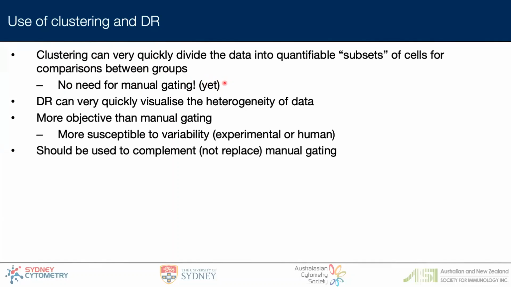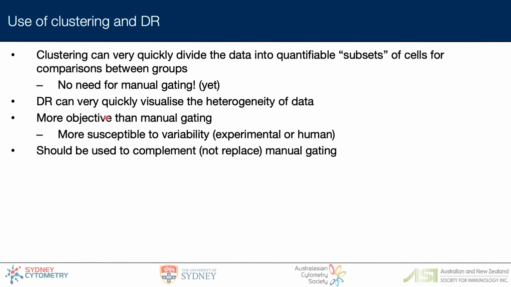It is still essential though, and we'll get to that in a bit, but it is very useful for quickly giving you quantifiable results. Dimensionality reduction, on the other hand, as we saw, can very nicely visualize the heterogeneity of your data. And this is useful just to get an idea of all the major cell subsets that may be present within your sample. And you can also compare this between groups to get an idea of whether their levels are changing or not.